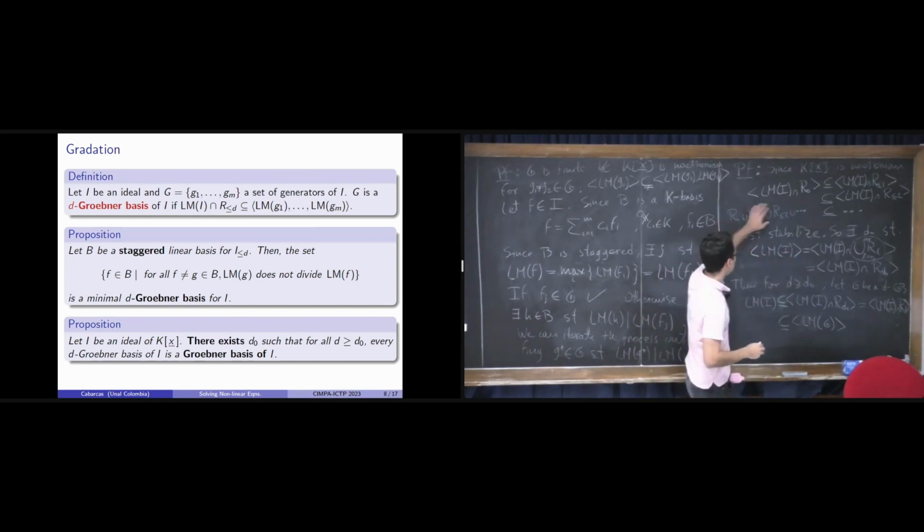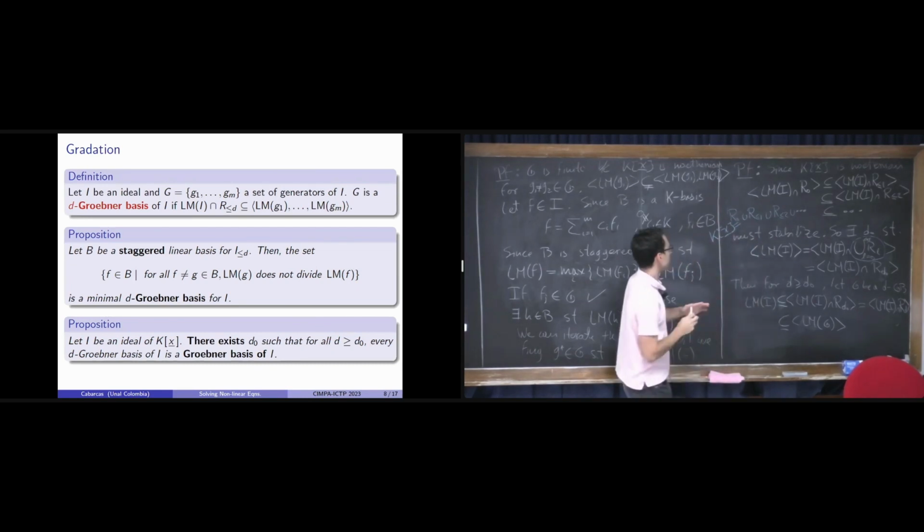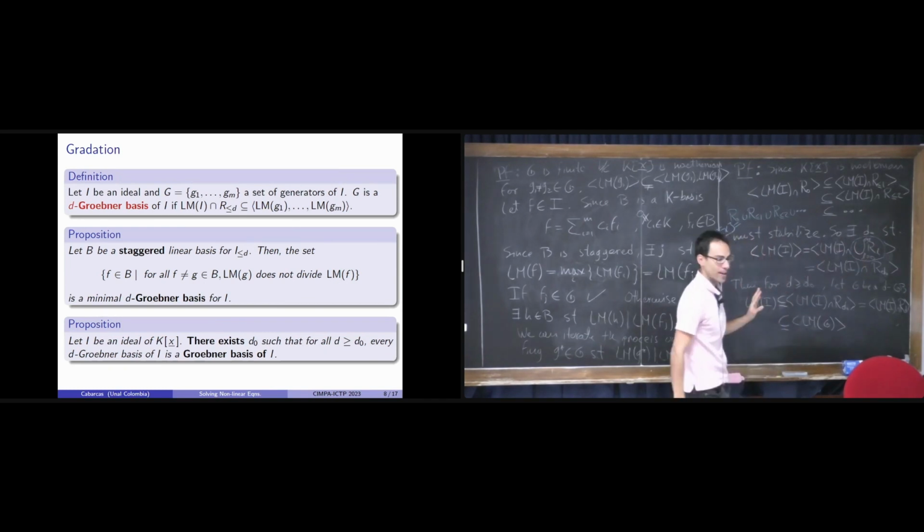So this is simply the whole ring of polynomials. That union is the whole ring. So this intersection is just taking the leading monomials of I. I'm intersecting with the ring.